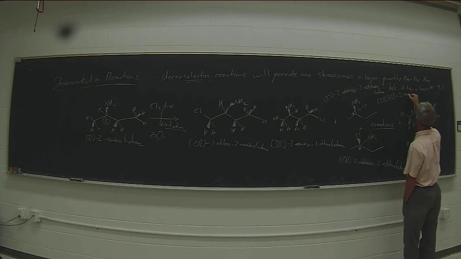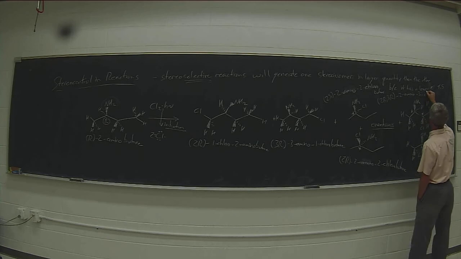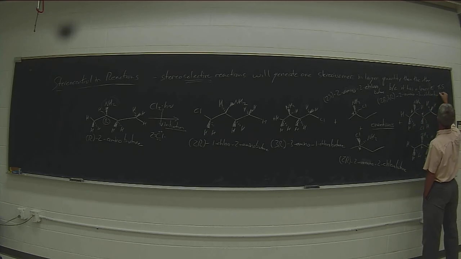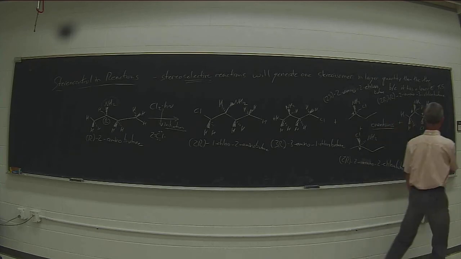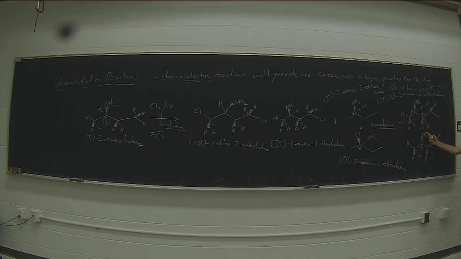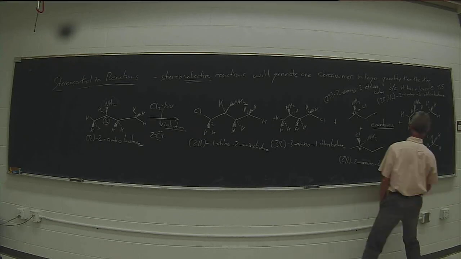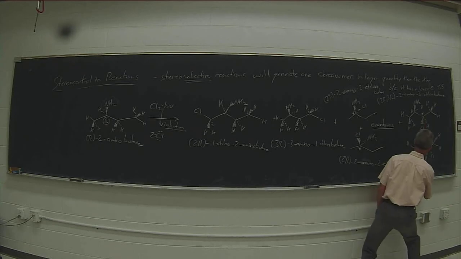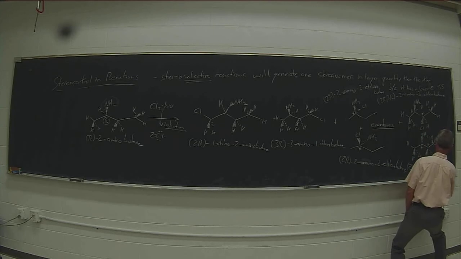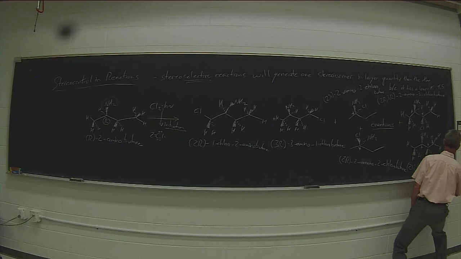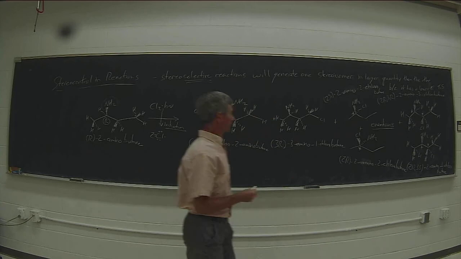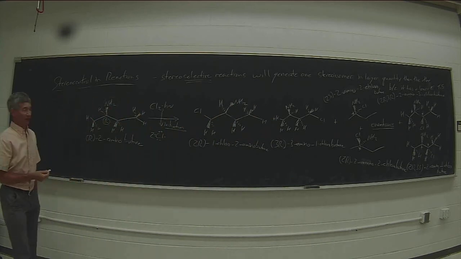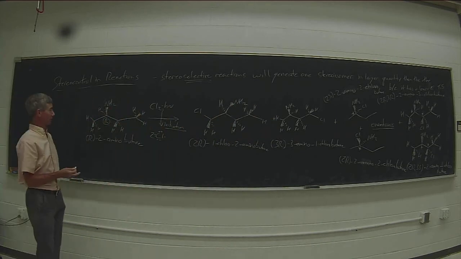2-amino, 3-chloro, butane. And this would be the 3S isomer, where the chlorine is number 1 and then the carbon attached to nitrogen. So this would be 2R3S, 2-amino, 3-chlorobutane. So 6 possible products could result.